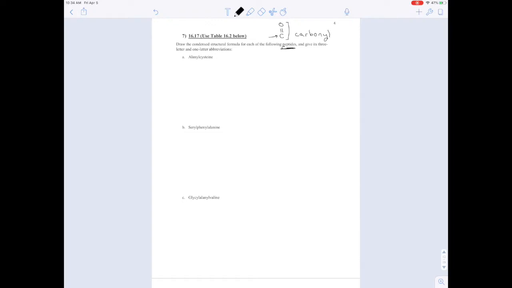Okay. So the first thing we need to do is to figure out how many amino acids we have. And to do that, every time you see a yl, that's the end of an amino acid. There's only one exception. The exception is phenylalanine.